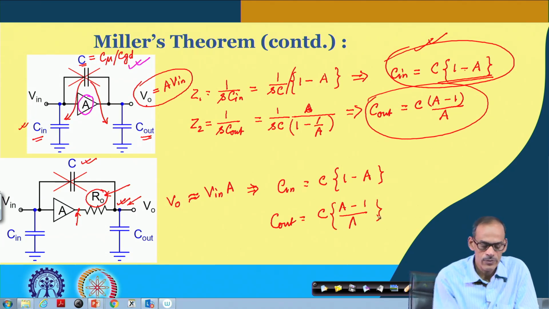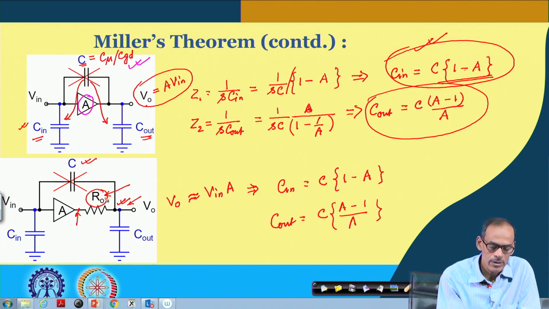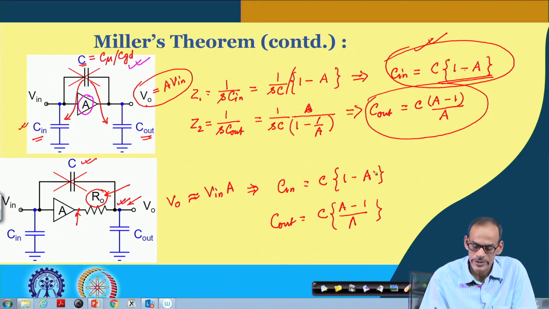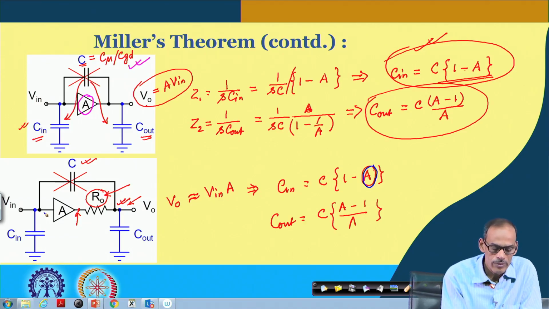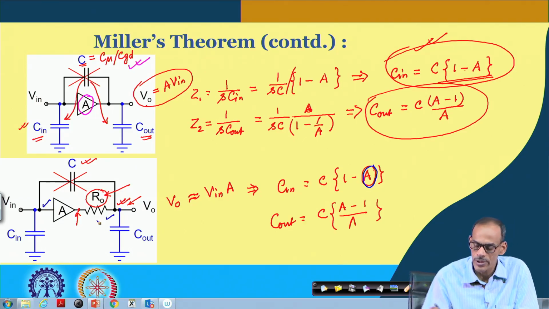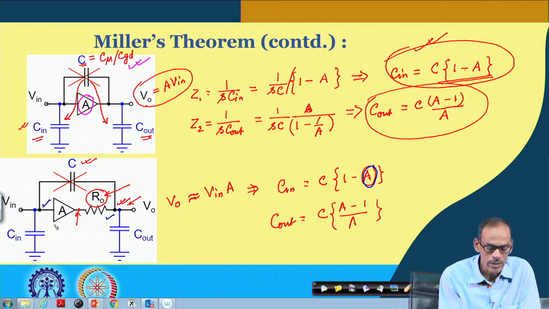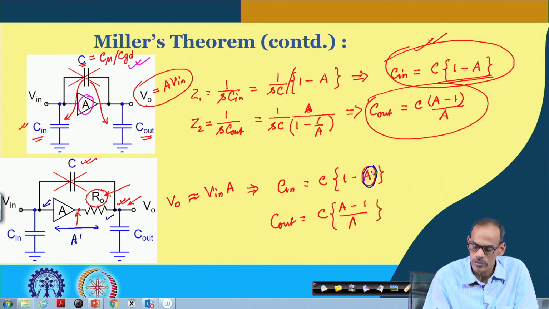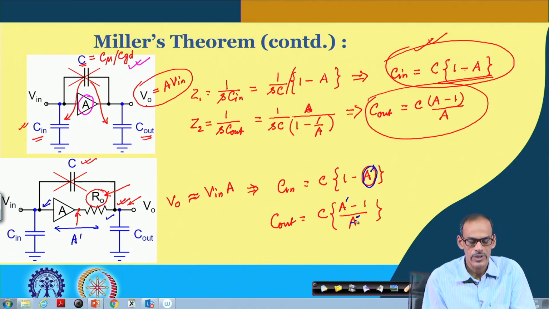Now, in case you want to really consider this R O, then this A should be replaced by whatever gain you get from this point to this point. So, if the corresponding gain from here to here is A dashed, then this A should be replaced by A dashed, and this A should also be replaced by A dashed, right.